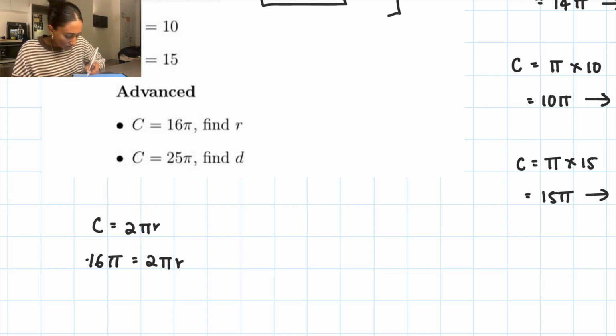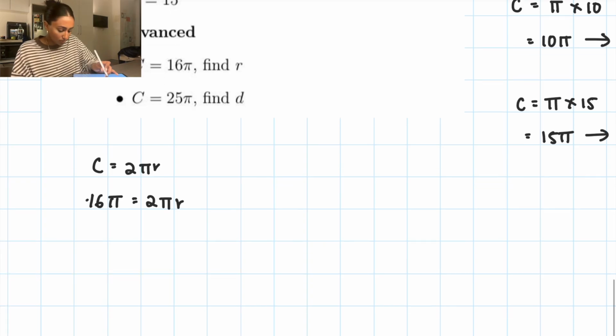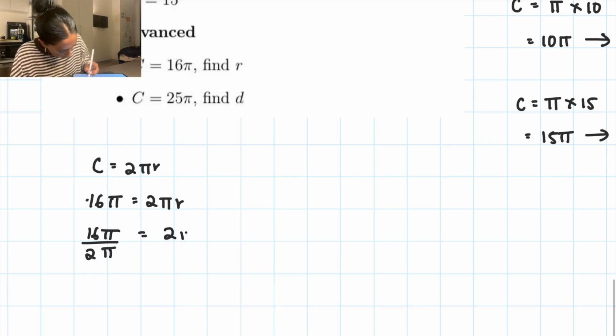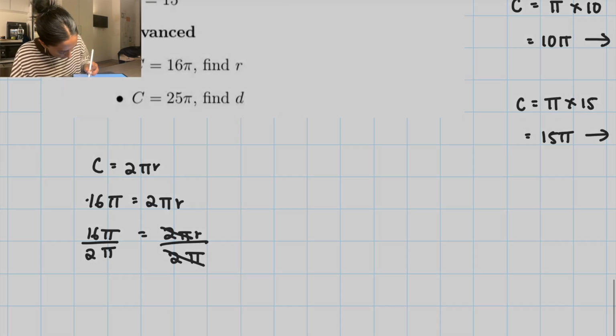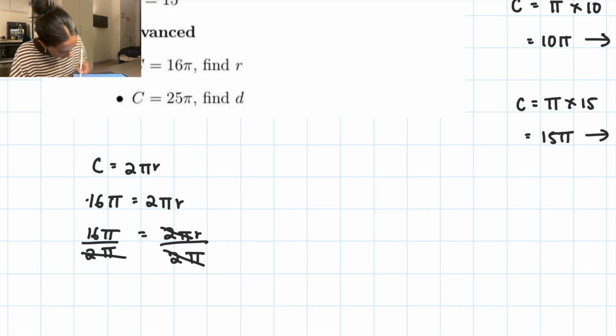Same as before, you can divide both sides by 2 pi. So 16 pi over 2 pi, and 2 pi r over 2 pi. These two cancel out, and this cancels out, so you're left with 8. So the radius is equal to 8.